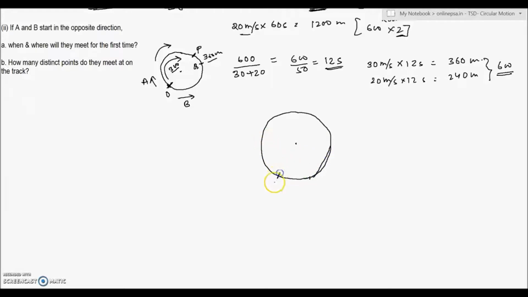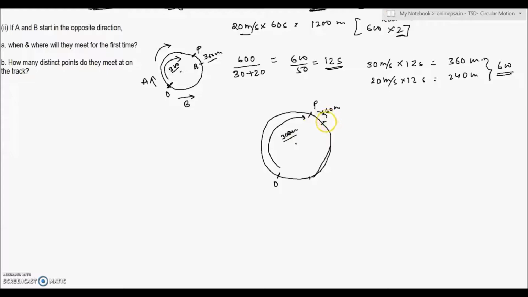We started with a point O, and P was the diametrically opposite point, and they meet at a point Q, which is 60 meters from P. And this entire distance is 300 meter. This entire distance is 300 meter.